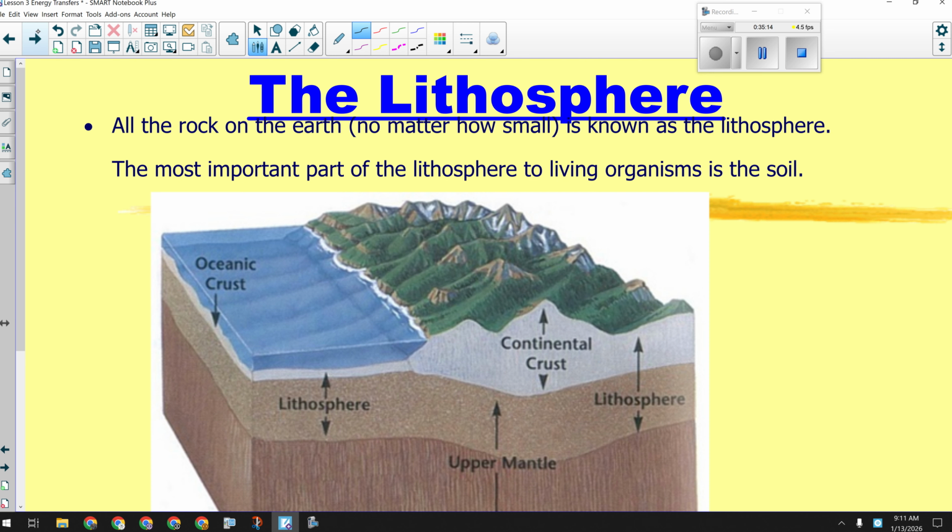All right, third part of the Earth. The lithosphere. Litho means stone, so this is the rocky part of the Earth.